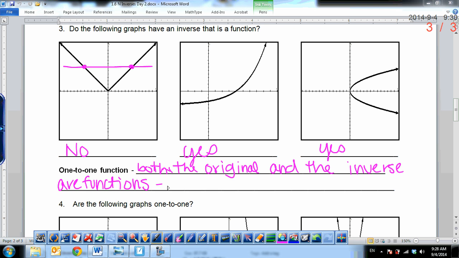It has to pass horizontal line test and vertical line test. Okay, so using that definition, we now want to be able to tell if the graphs below are one-to-one, meaning that they start as a function and that the inverse is a function.